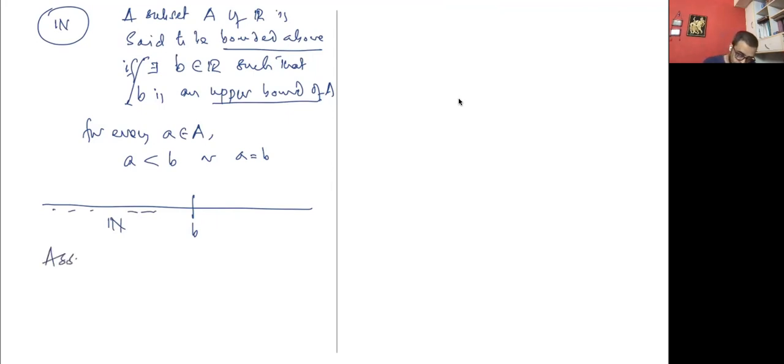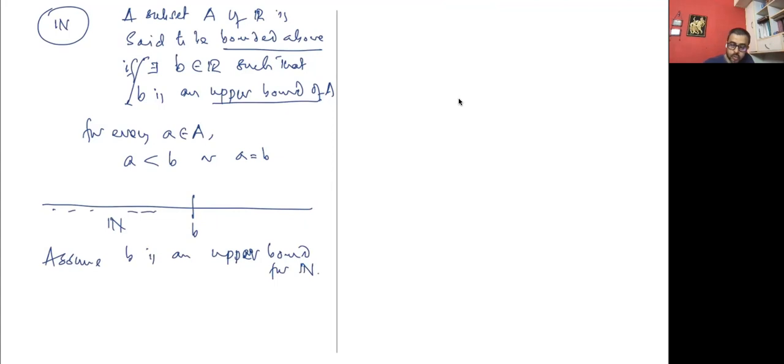So assume B is an upper bound for N. Okay. Now, what do we know about N? We know one thing, that N is non-empty. The element 0 belongs to N. So it is a non-empty subset.